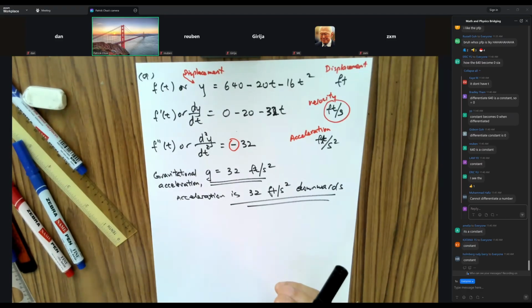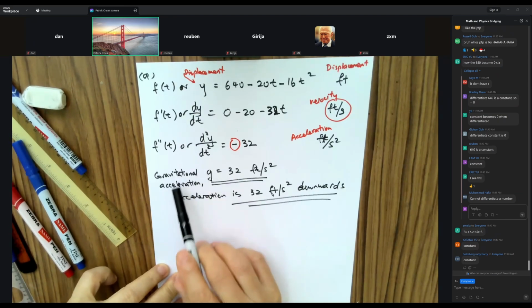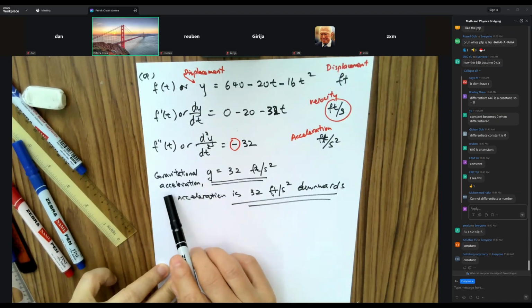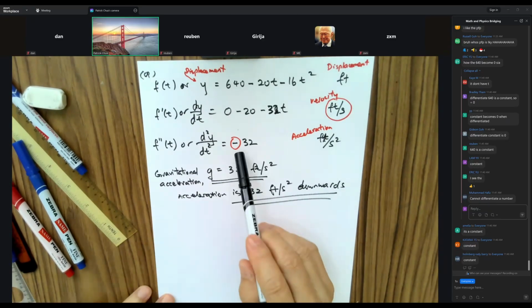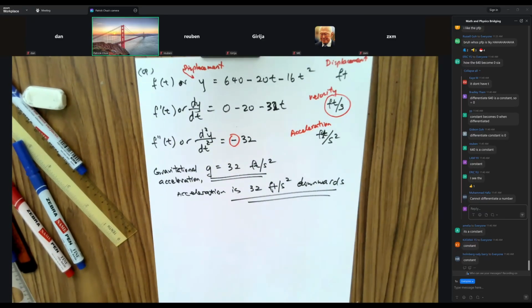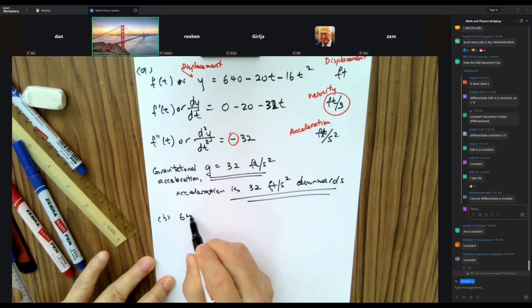When you jump out of a plane without a parachute, your speed will increase as you approach the ground, faster and faster, and you hit the ground. That's the end, you see. It does not decrease. It increases. This is called acceleration. That's why it's called gravitational acceleration, not gravitational deceleration. g is gravitational acceleration. Okay, 32. The minus indicates direction. So that's A. And B is already solved: 640.